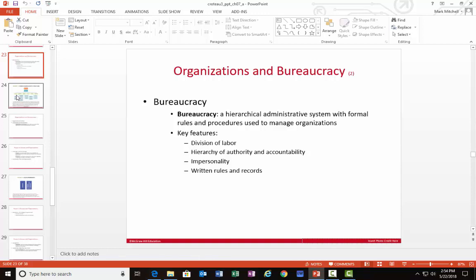We've got a bureaucracy defined for us. It's a system with a formal structure from top to bottom. It has rules and regulations that it operates by, in order to manage itself and to achieve its key functions that have been defined.